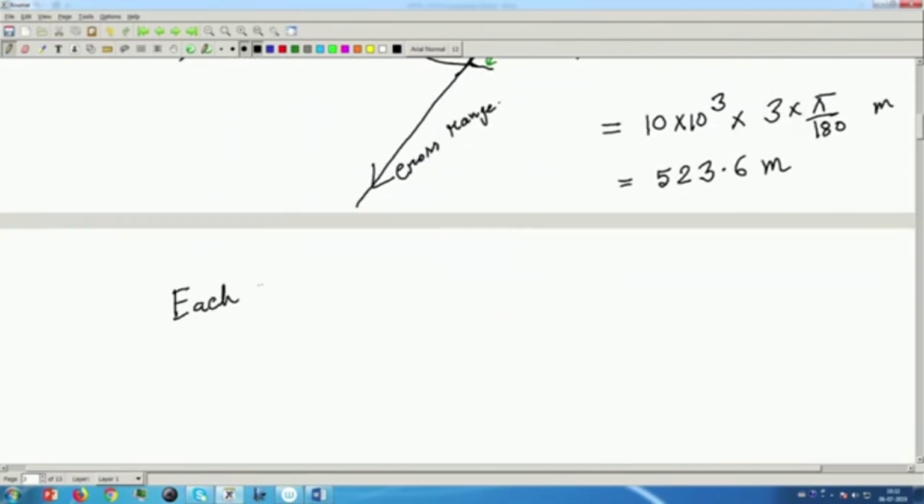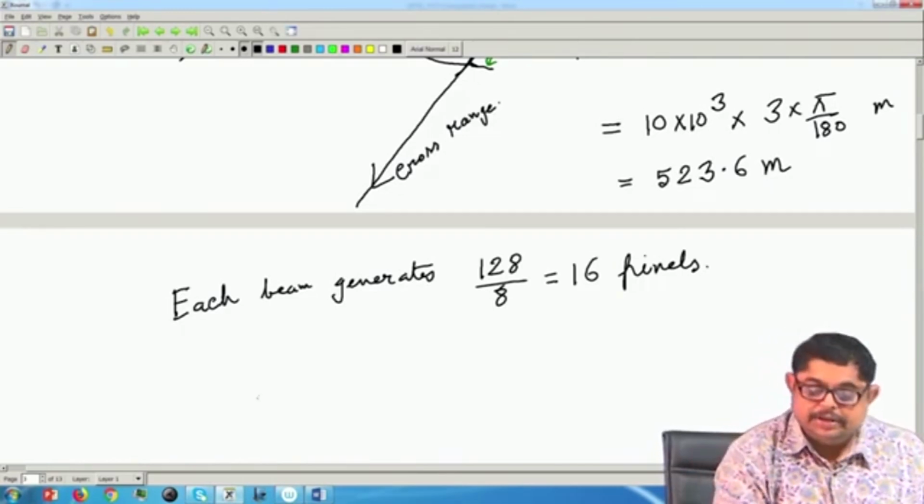Each beam generates 128 by 8, that is 16 pixels generated by one beam. So, 523.6 meter in the cross range direction is to be divided into 16 pixels.